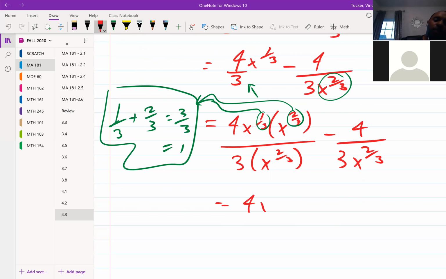So it's going to be 4x minus 4. Yeah, I can go ahead and just bring them together. So we have 4x minus 4 over 3x to the 2/3.